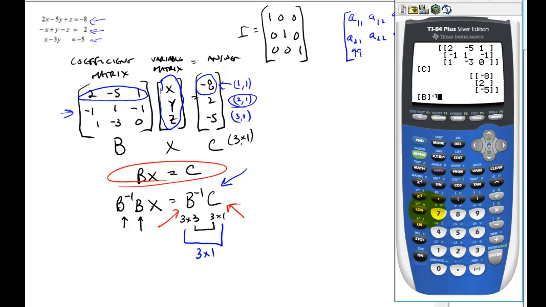Then I want to multiply that times matrix C. So I hit second matrix and hit 3 for C. Notice how it matches up with what I have on the left, and hit enter. There are your answers: negative 2, 1, 1. The top number is your X, the second number is your Y, and the third number is your C variable.